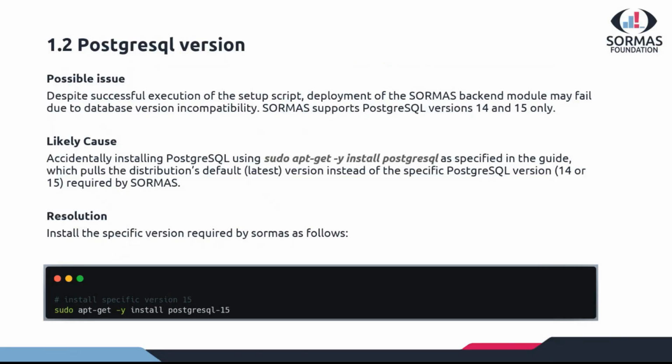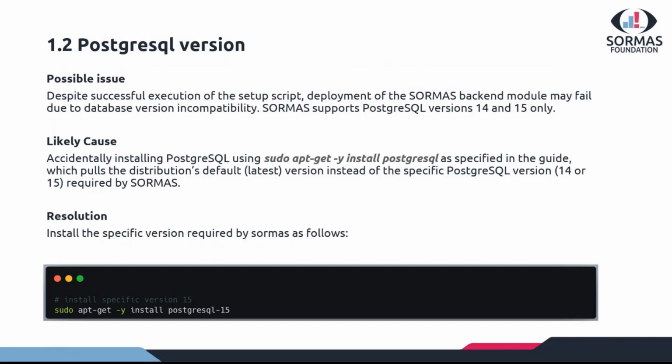So this is caused by mistakenly or accidentally installing Postgres using the command as specified in the Postgres documentation, which the SORMAS guide points to, without specifying the specific version you want to install. So if you run that default command, it only installs the default current latest distribution of PostgreSQL.